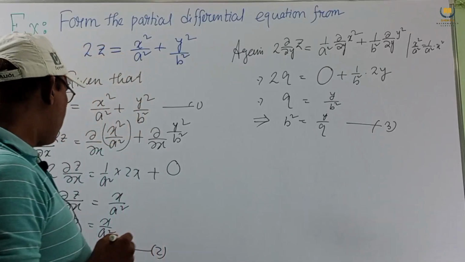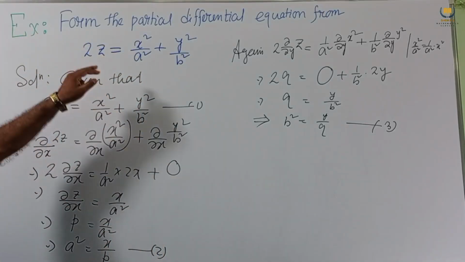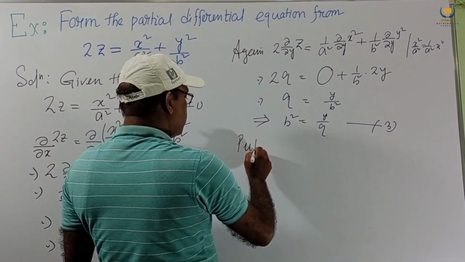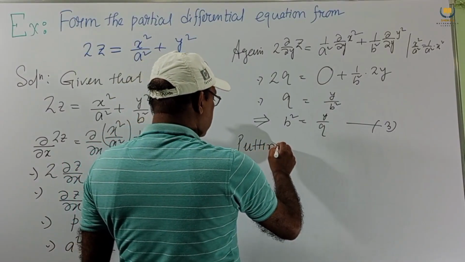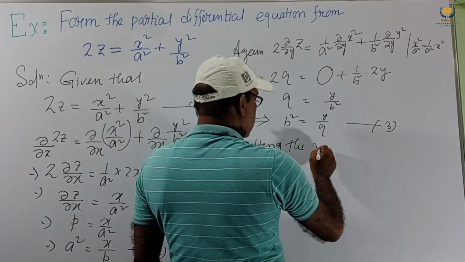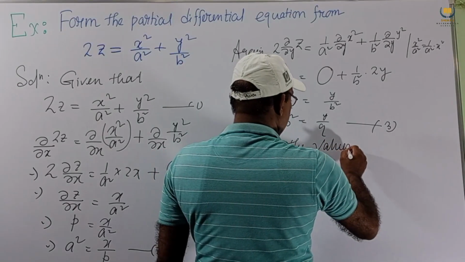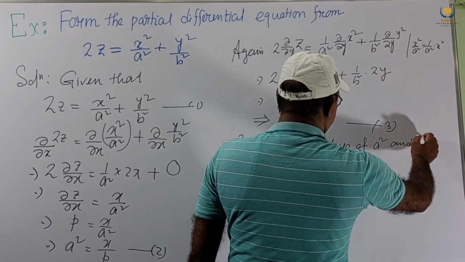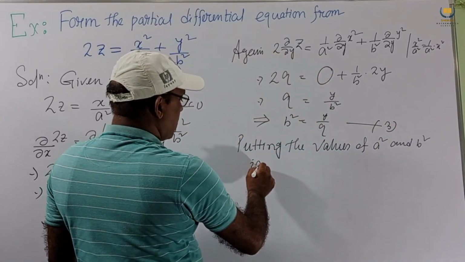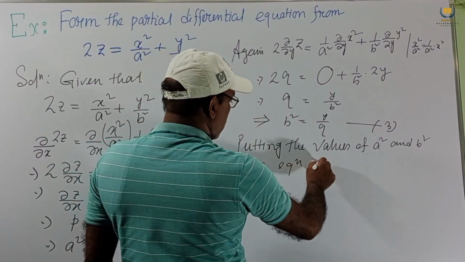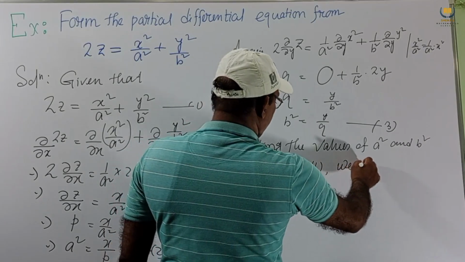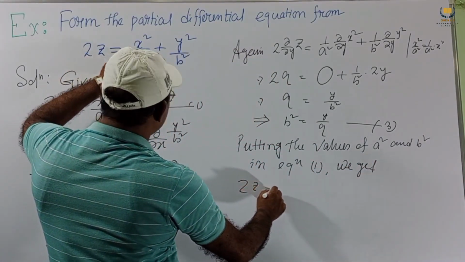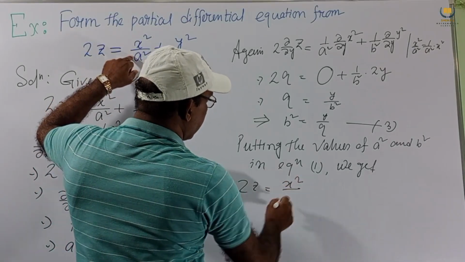Putting the values of a square and b square in equation number 1, we get 2z equal to x square by a square.